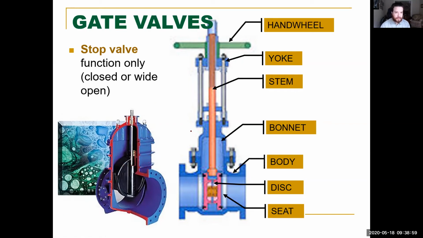So that's gate valves. Oh, and one last thing, that's the packing gland. All right. So before we move forward, what's the point of the packing gland? Is it just the name? Because that whole piece right there is the packing gland.